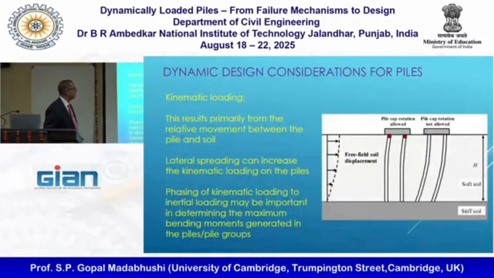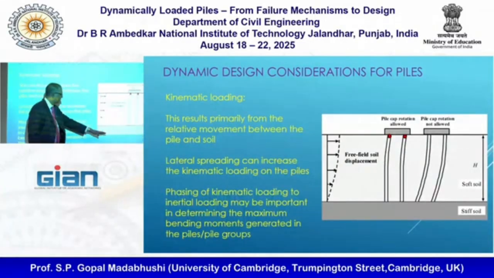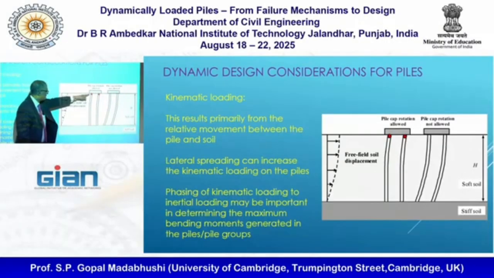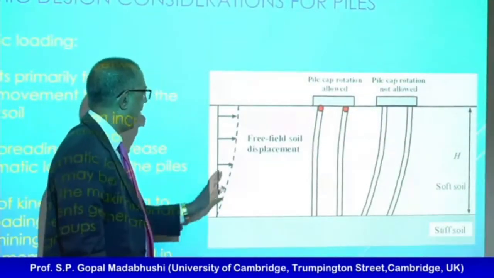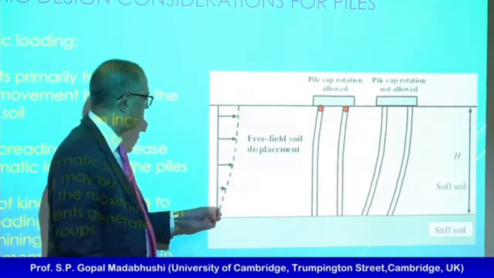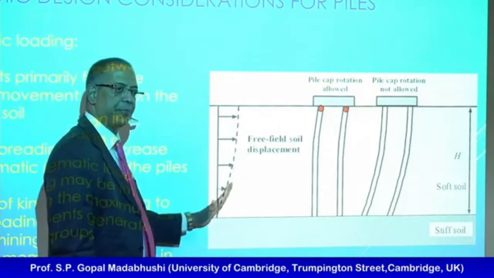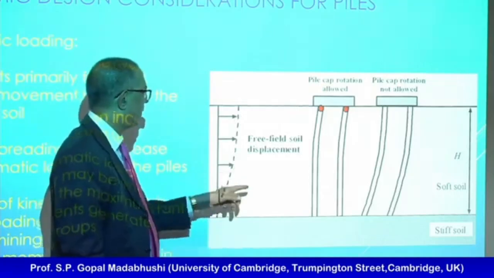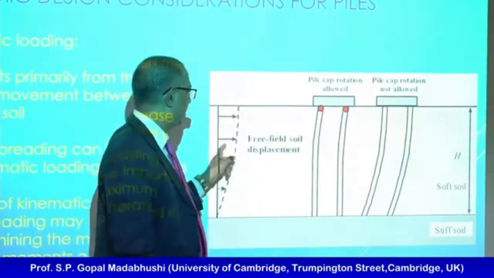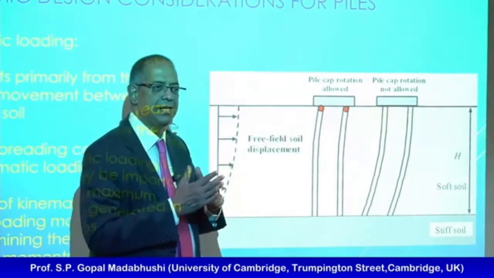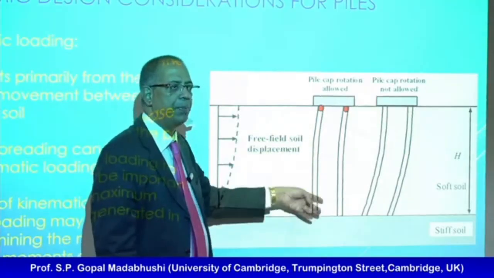What is kinematic load? In the other way to create kinematic load, suppose I got an earthquake, stiff clay, soft clay, my piles are going through the soft clay and into the stiff clay, and because of the shaking, let's say I got the displacement profile, it used to be vertical, I formed this kind of shape. So the piles want to do this and the soil wants to do this, and because these two displacements are not matching, I will get the kinematic load coming onto my piles.